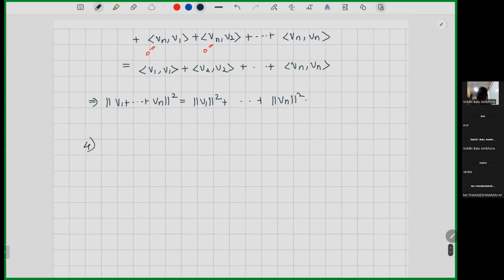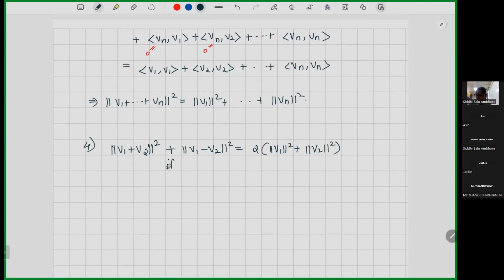The fourth one. This is norm of v1 minus v2 square is equal to 2 times norm of v1 square plus norm of v2 square. And what is your guess?